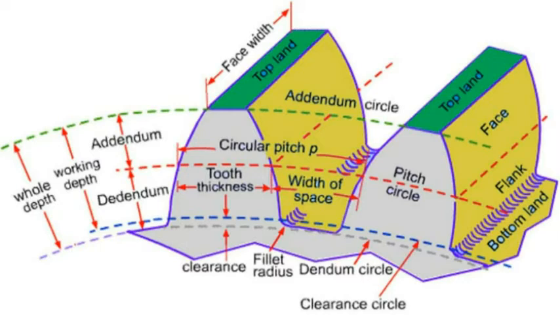We have a dedendum circle which passes through the root. The radial distance between the dedendum circle and the pitch circle is known as dedendum. Then we have a clearance circle and a small fillet radius, and the clearance is the gap between the clearance circle and the dedendum circle.